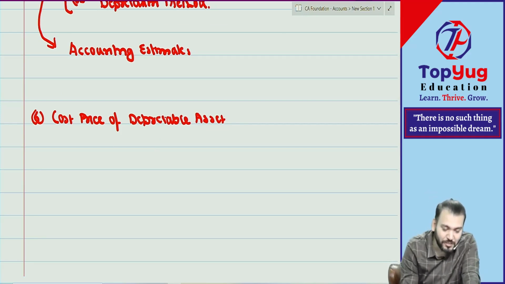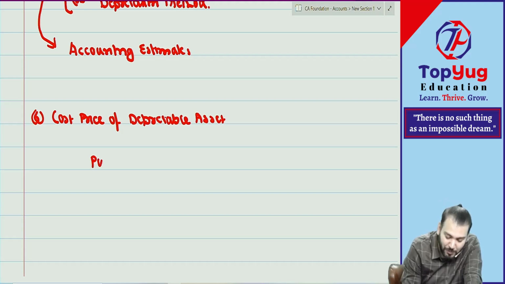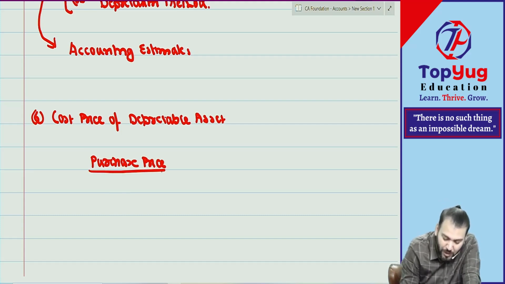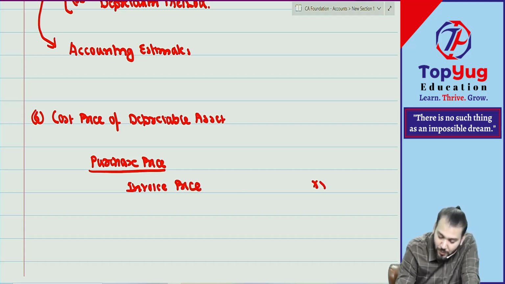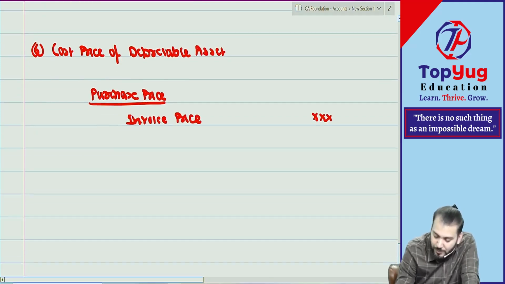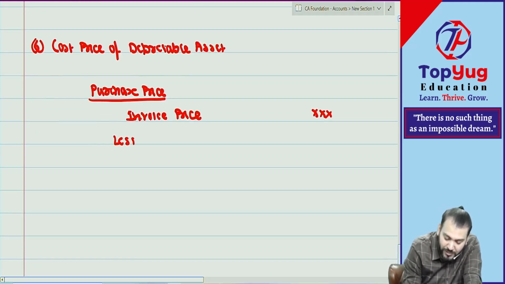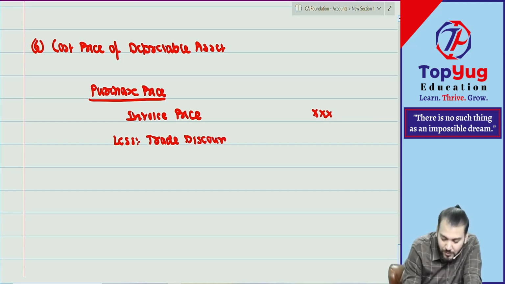The cost price of a depreciable asset: so can I say it will be what? Purchase price. First we need to find out the purchase price. Purchase price means invoice price, the price written in the invoice. From this what will we deduct? Trade discount. We deduct trade discount. Whether we deduct cash discount?